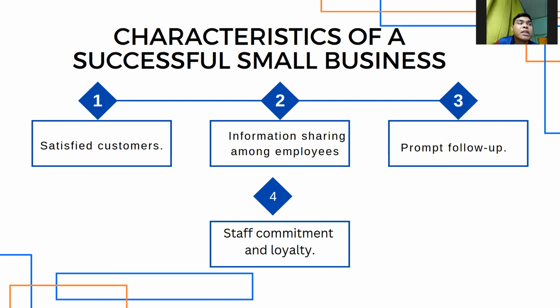Information is communicated to staff as soon as the owner knows it. Goals, issues, and concerns are openly expressed. Thirdly, prompt follow-up. Successful businesses follow up and address any inquiries or complaints as soon as they are received.